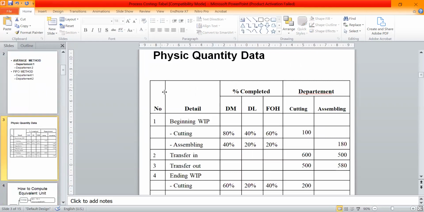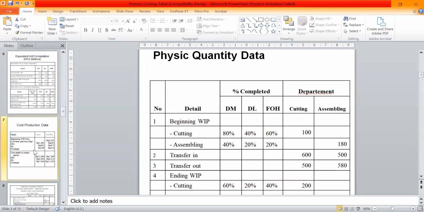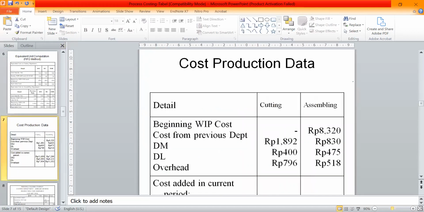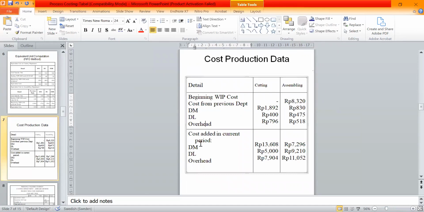Besides the information about the quantity data, in order to complete a cost production statement, we also need the information about the total cost itself. This is the next information that we need to know about the cost production data: how much the total cost of the beginning work in process is, how much the total cost of the direct material, direct labor, and overhead is, and how much the total cost is that was added in the current period.